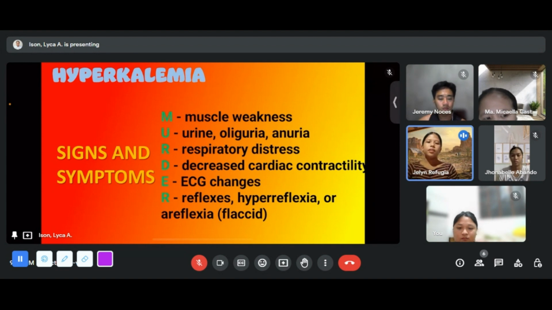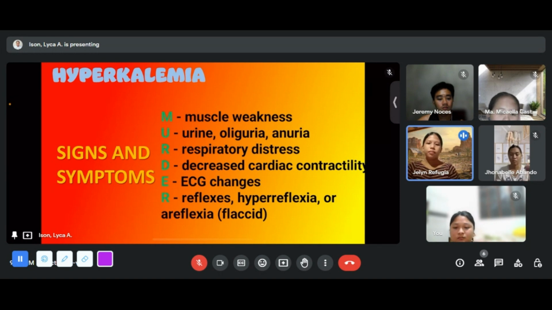And next is respiratory distress. So, yung respiratory distress naman is nangyayari kapag yung lungs ni baby is not fully developed and it cannot provide enough oxygen na nagkukos ng hirap sa paghinga. So, nangyayari din ito sa mga maagang ipinanganak or kulang sa buwan or yung tinatawag nating premature babies.